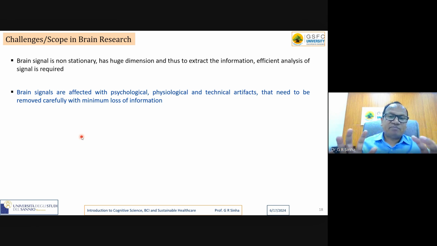Please try to understand. But when you start blinking your eyes, when you start abruptly changing your mood, you are not in a good mood, unnecessarily you started moving your hands and other parts of the body, then generally, when you are capturing brain signal, different types of artifacts, which are unwanted signals, are also produced with the original brain signal.